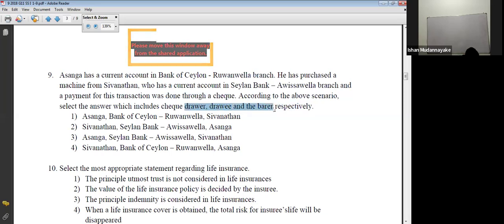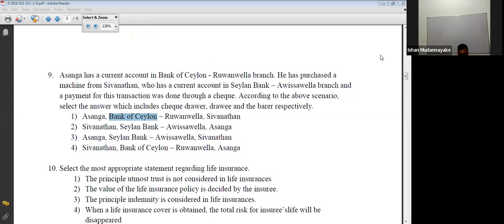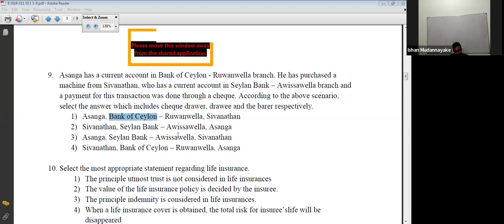Sivanathan is the bearer. Then what's the answer for question 9? The first one. Yes, correct. Drawer Asanga, drawee Bank of Ceylon, and payee or bearer Sivanathan.